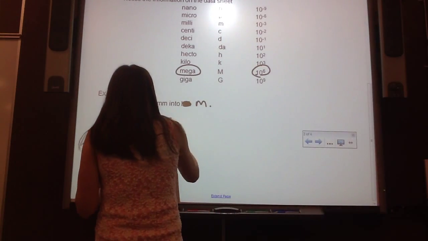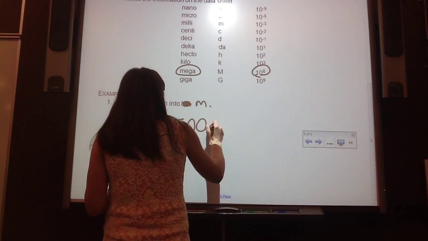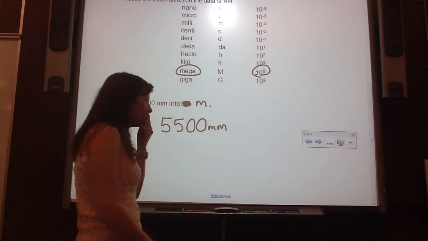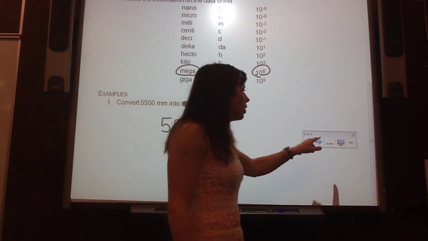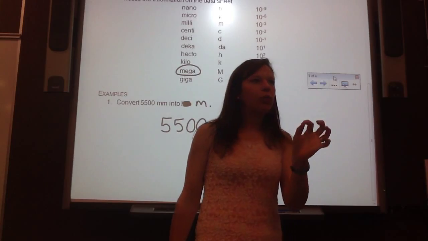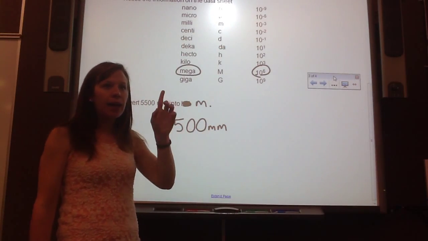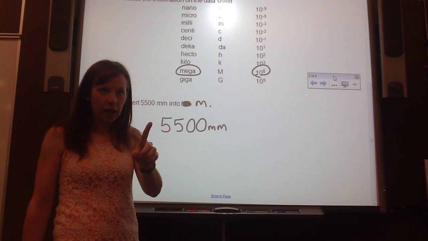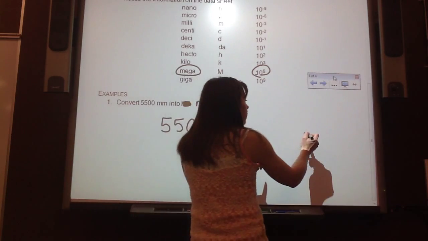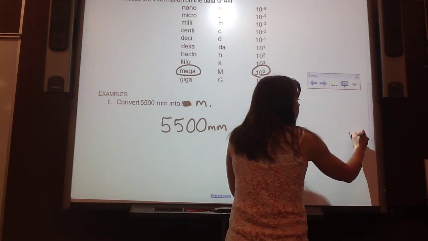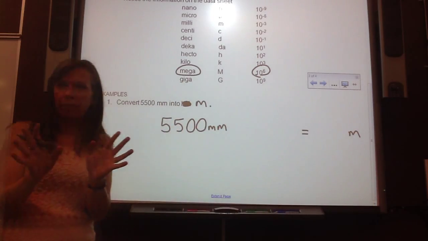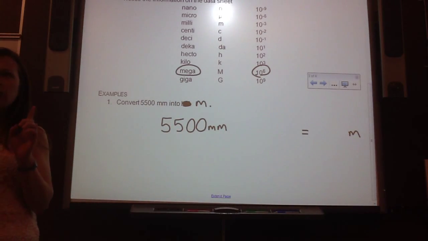How you do this: you write out the number you're starting with. Now, you want to eliminate this unit and make a new unit. You want to end up with something in meters, right? How do I get there?